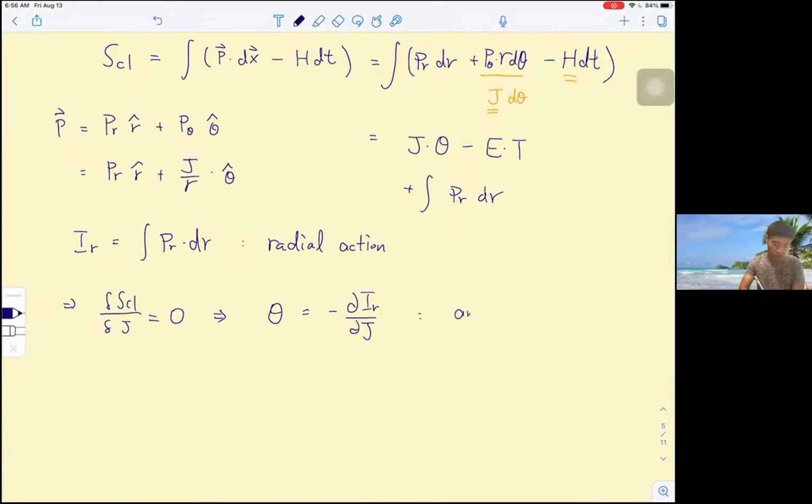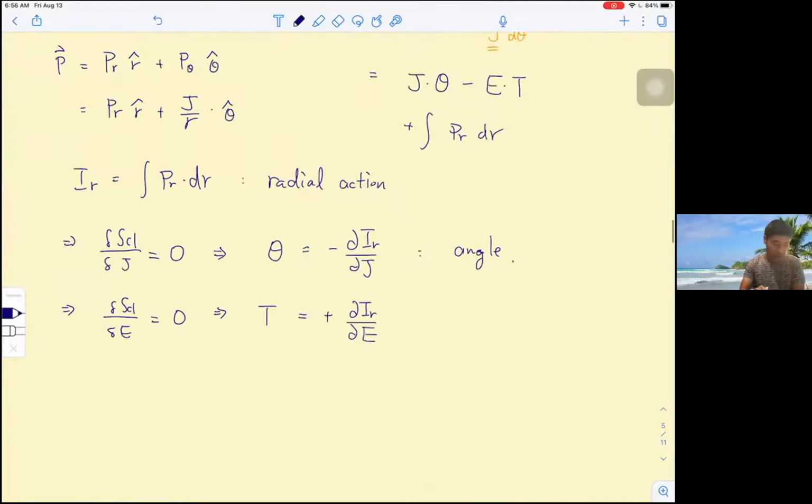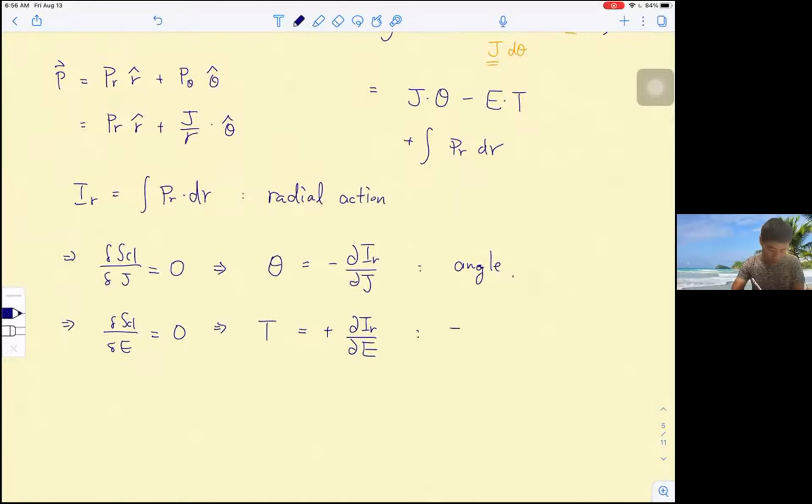So we know that this gives us the angle. And likewise, the derivative with respect to energy gives us the time t, which is plus the derivative of I_R with respect to energy. And what this t means is the so-called time delay or redshift.